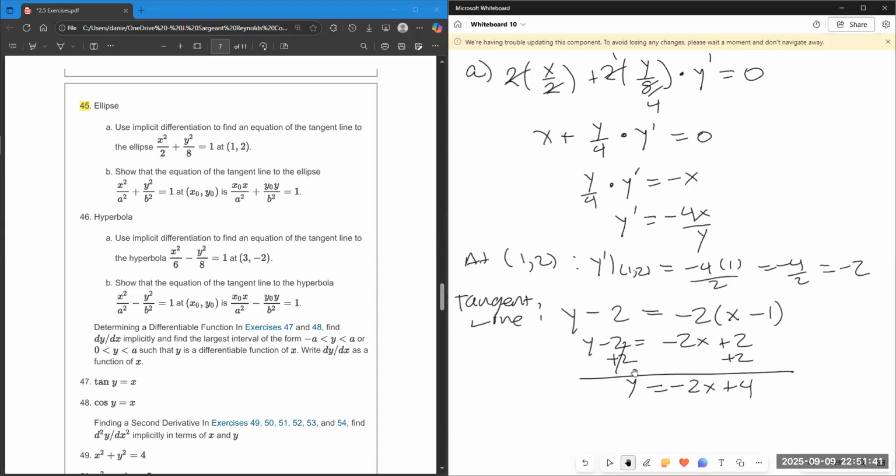Hang on to that. Come back to that after part B. Remember, I'm just going to note here that in part A, a was equal to the square root of 2, b was equal to 2 root 2, and we were in the form of x squared over a squared plus y squared over b squared is equal to 1.